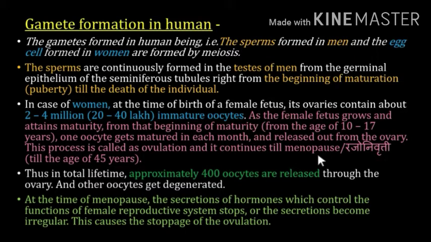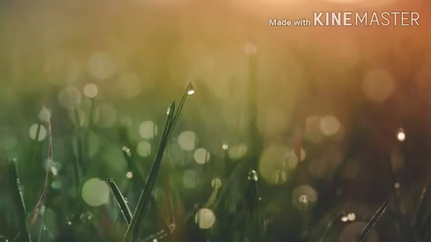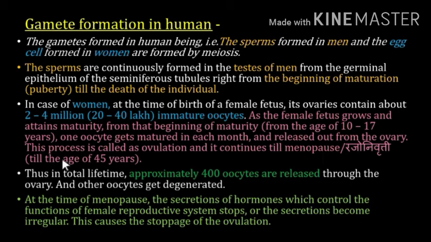Menopause means rajo nivrutti in Marathi. That means at this stage the menstrual cycle stops, that means the ovulation process stops permanently, and this occurs at the age of 45 years. Thus in total lifetime approximately 400 oocytes are released through the ovary, and the other oocytes get degenerated.